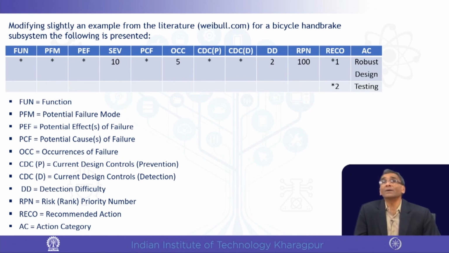So, recommendation 1 is, details, but the action category is robust design. Something else also is recommended as asterisk 2, that is in testing category, which is the problem undertaking for a bicycle handbrake subsystem design.